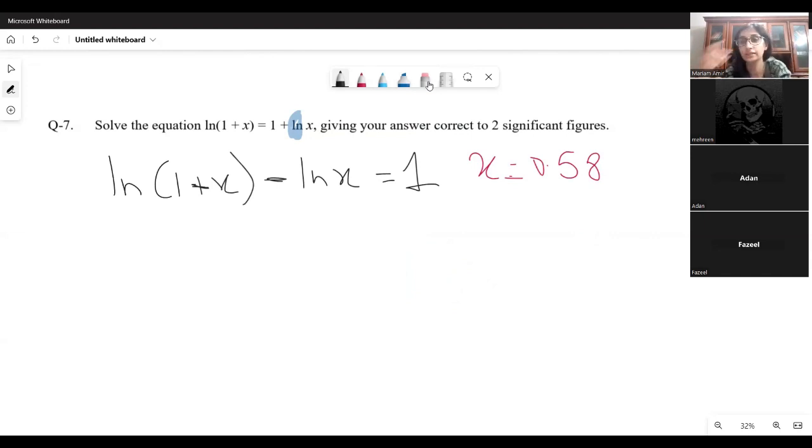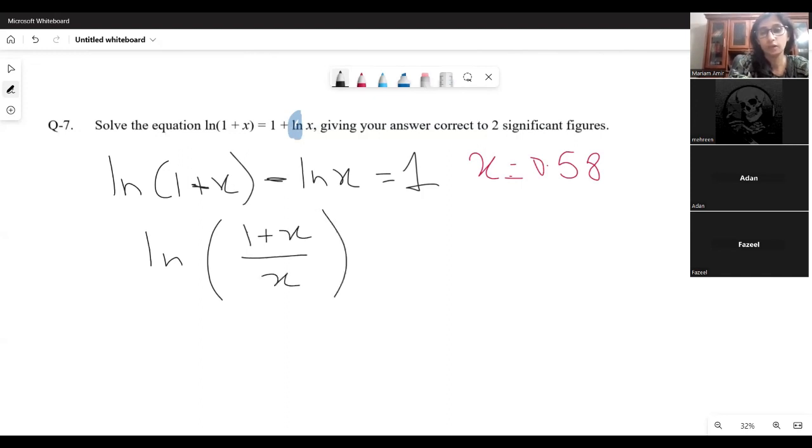Now you merge these into a single log term and you divide the values, because the rule is ln a minus ln b equals ln a by b. So we have 1 plus x in the numerator and x in the denominator equals 1.